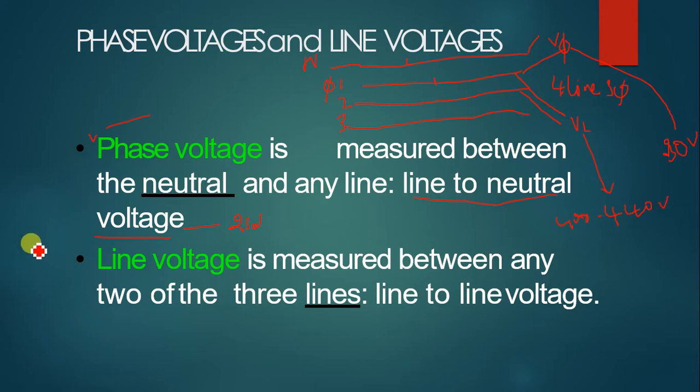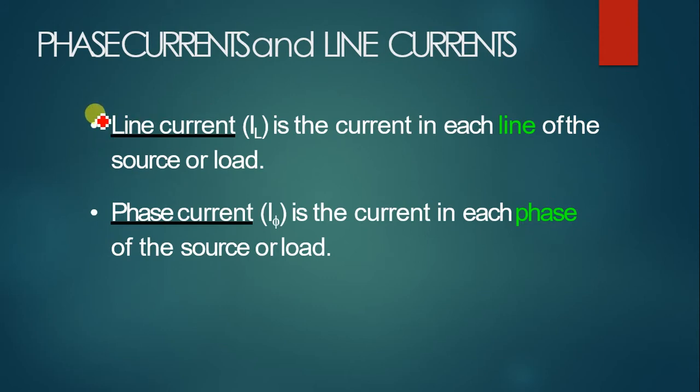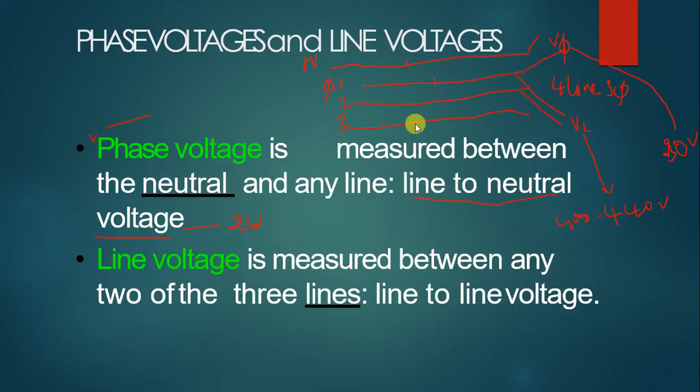Similarly, what is line current and phase current, we can have a look. Line current is basically the current in each line of source or load. How to connect loads we can have a look. Line current is the current that exists in one line. For example, neutral will not have any current, because neutral lines are basically zero current.